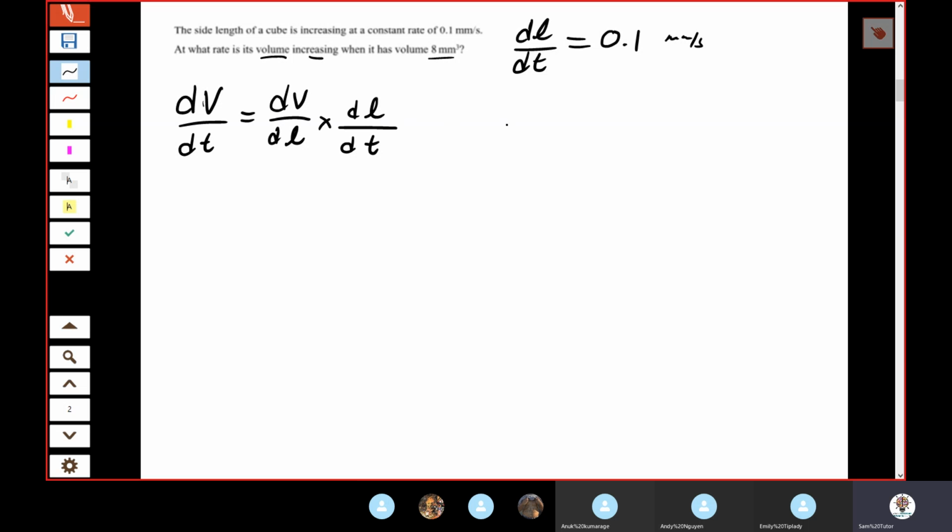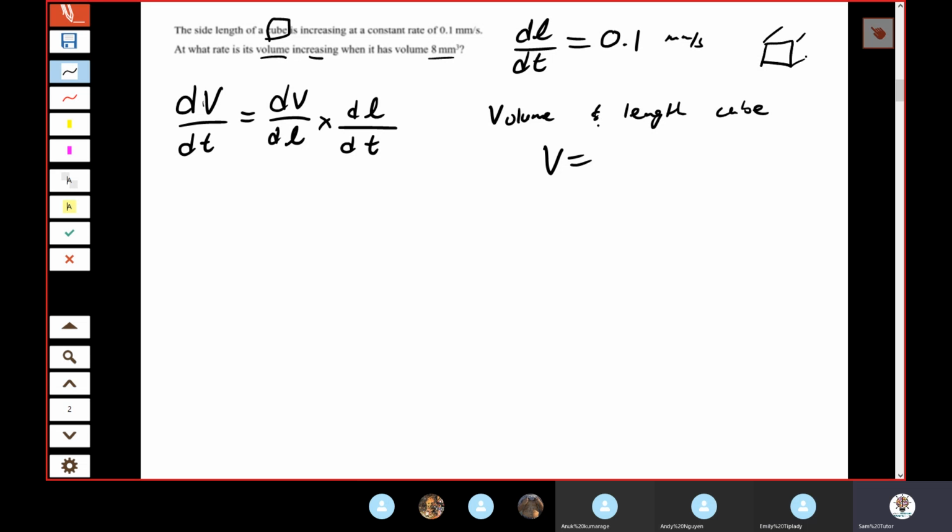Do you have a relationship between volume and length of a cube? I don't think so. I can't think of any. Yeah, you're overthinking it.